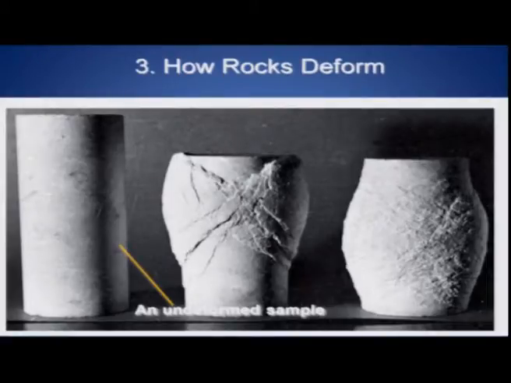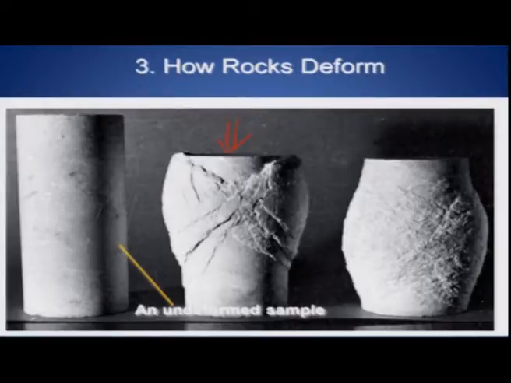This is how rock deforms. We discussed in one of the lectures that if you have an undeformed cylinder, as shown here, and you keep pressing it, you get fracturing. This is a kind of brittle fracturing.